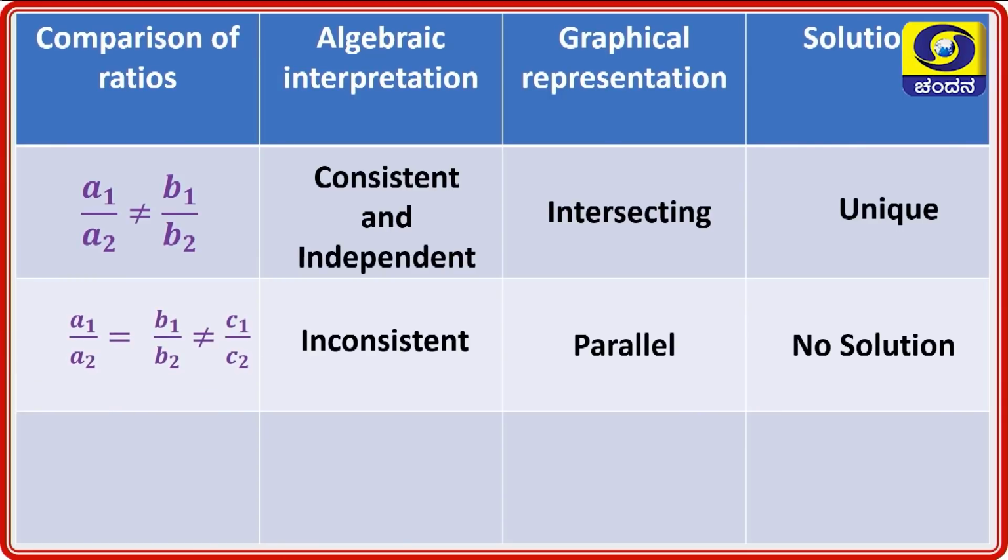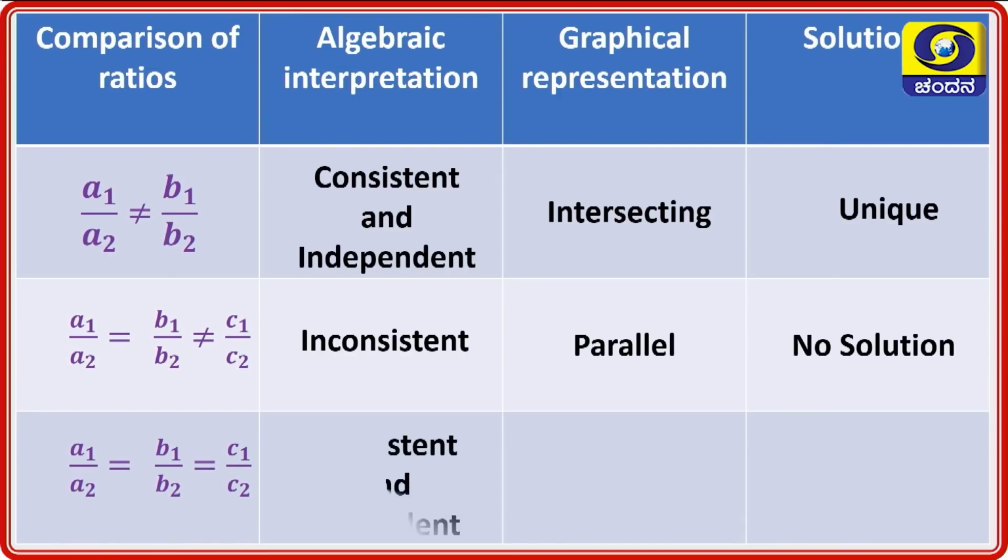Whereas if a1/a2 is equal to b1/b2 and it is not equal to c1/c2, then the algebraic interpretation is that they are inconsistent, whereas the graphical representation shows those two straight lines are parallel to each other and there are no solutions at all.